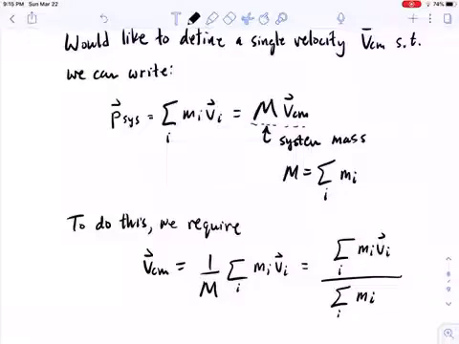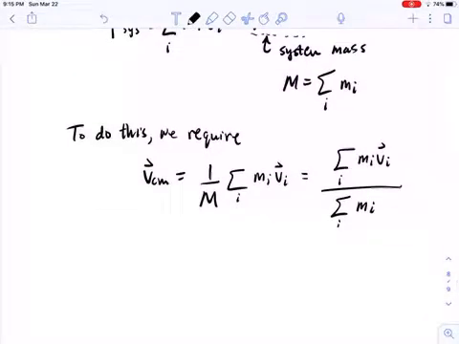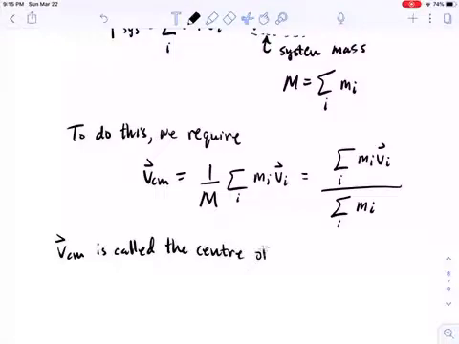The notation CM stands for center of mass. So VCM is called the center of mass velocity.